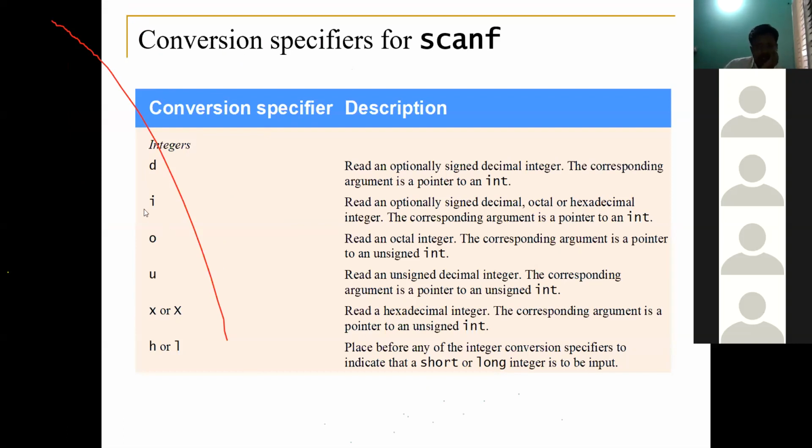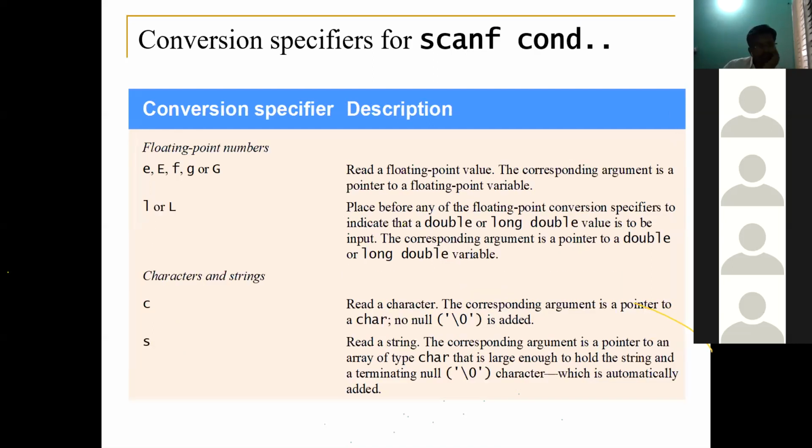I also stands for integer, but then I can also accept octal and hexadecimal integer values. O stands for octal integers. U is for unsigned decimal integer. Lowercase x and uppercase X are for hexadecimal integer. H or L stands for short or long integers.